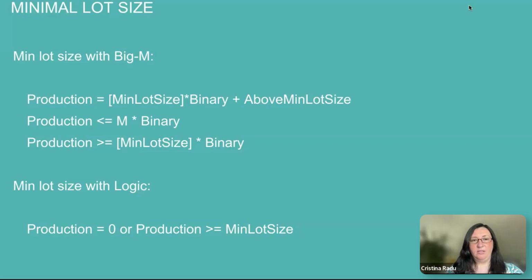So if the binary is 0, the production is forced to be 0 because of those two constraints. And if the binary is 1, then the production needs to be bigger than the minimum lot size, which is an input from the data, and smaller than this big M. And big M is a number which should be bigger than anything that you might produce. And I will let Philippe explain you the logic in the app, but let's go to the next slide first.